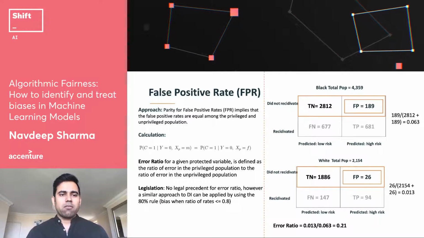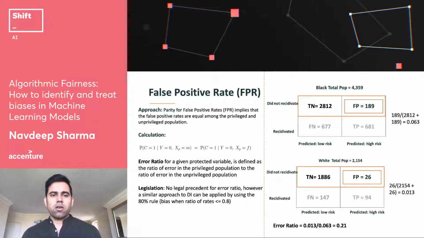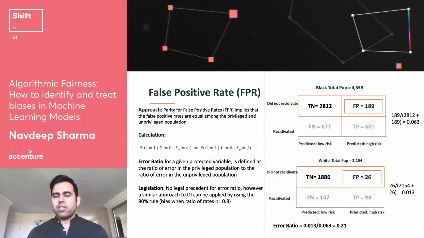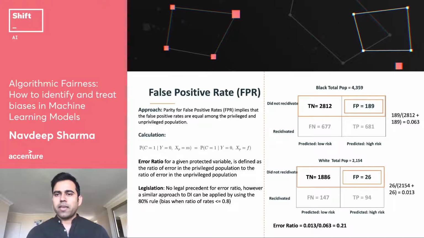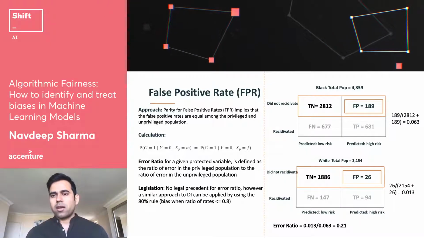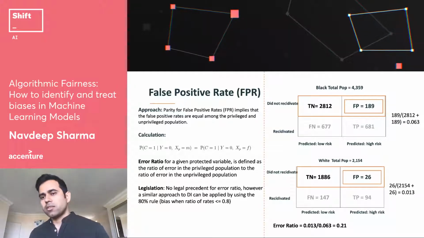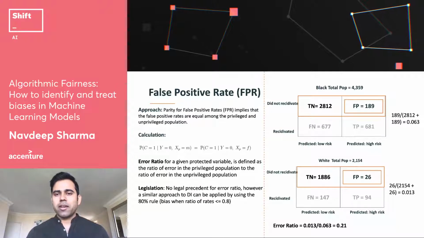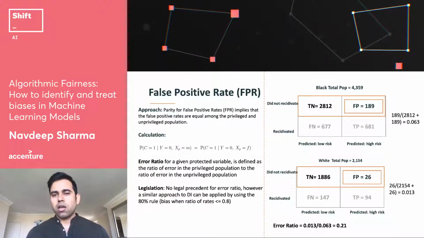Calculating parity for false positive rate implies that the false positive rates are equal among the privileged and unprivileged populations. In this particular example that we have been using, a false positive equates to the conviction of an innocent person. Let's say that we have divided our population into two parts, black and white.